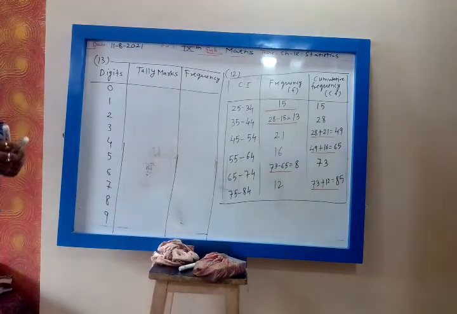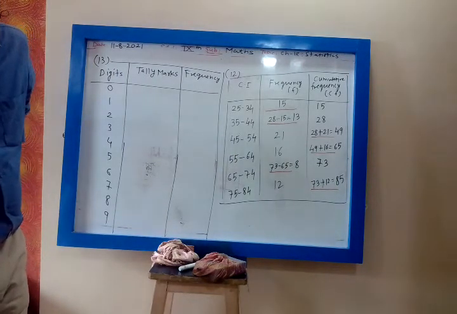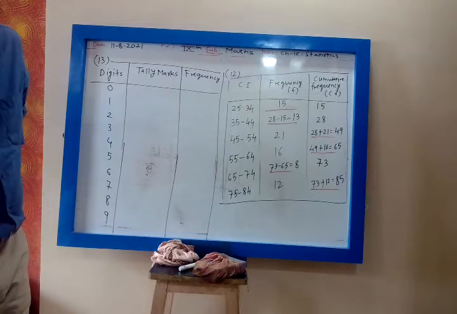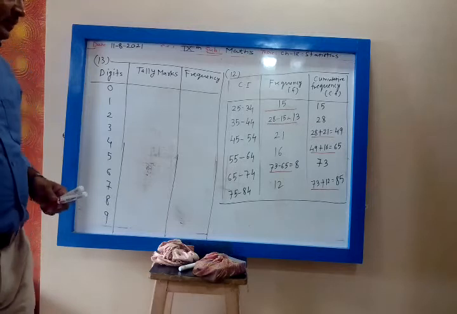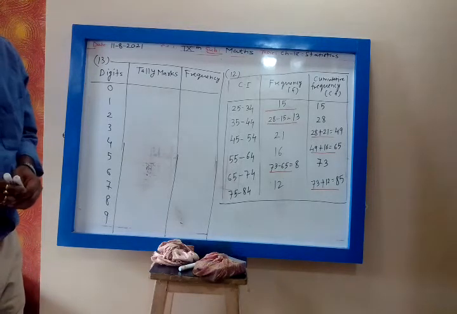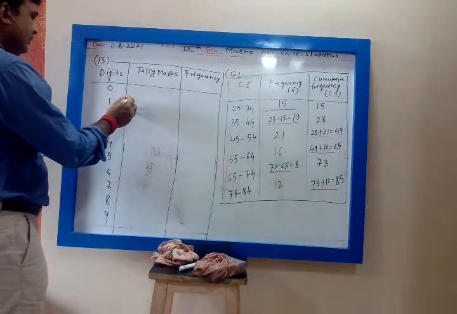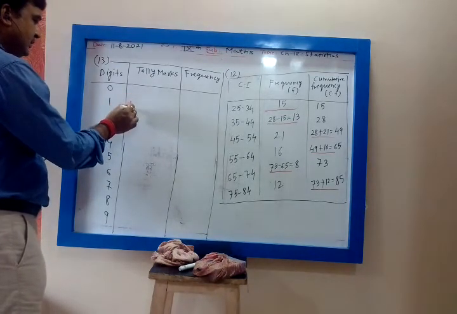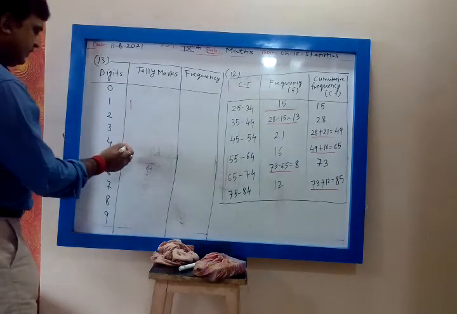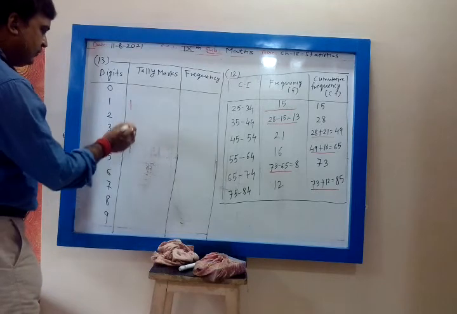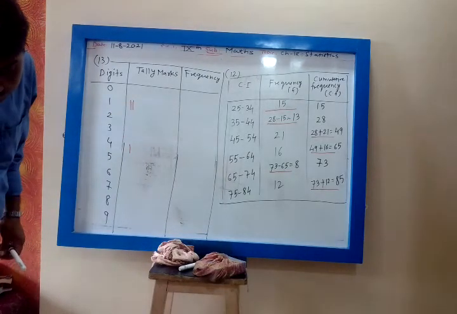After decimal, make a frequency distribution table of the digits from 0 to 9. So first it is 1. You cancel that with pencil. 1, I will write there, vertical stroke. Then 4, then again 1. 1, 4, 1.